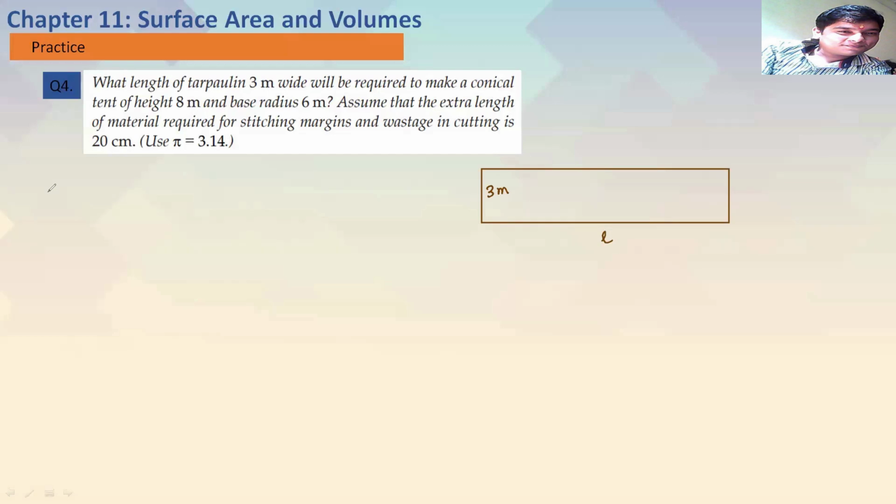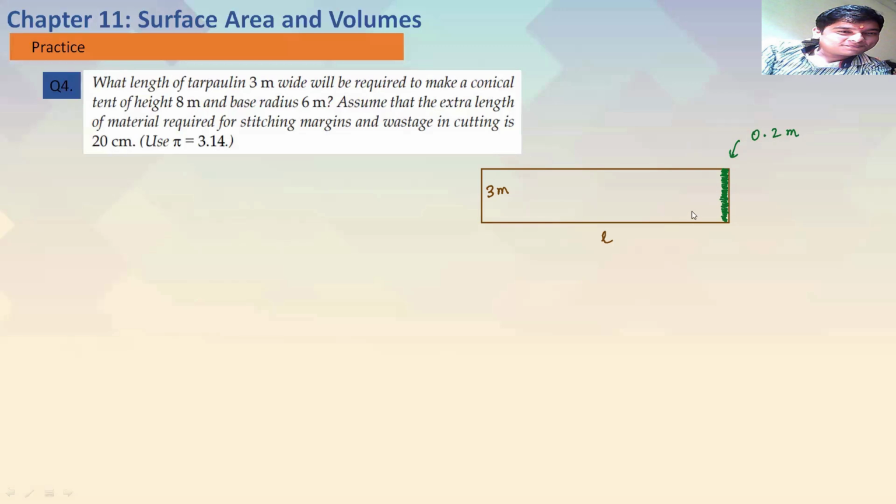Absolutely. So let's say this much extra has been bound, right? Yes, sir. 0.2 meter extra has been bound. This green part is 0.2 meter.